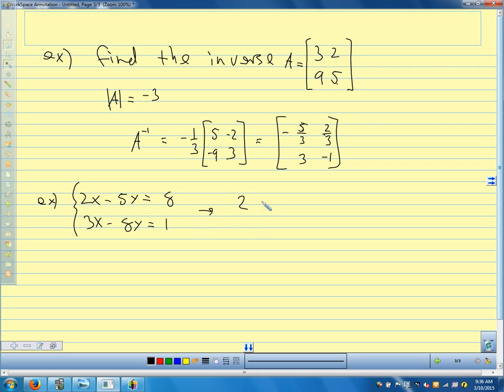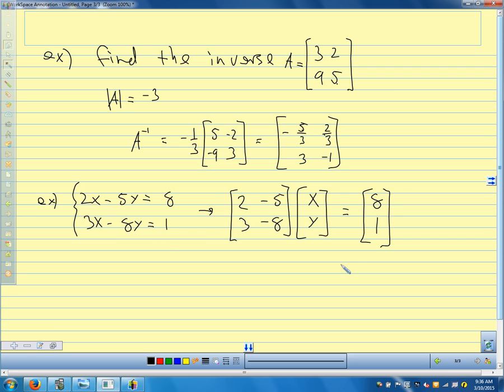So I'm going to write 2, negative 5, 3, negative 8, times the column matrix xy equals the column matrix 8, 1. And if I multiply this out, I'd get 2x minus 5y equals 8, and 3x minus 8y equals 1.